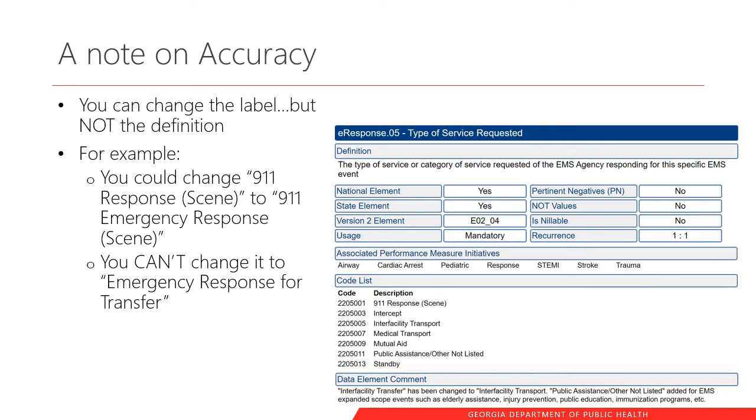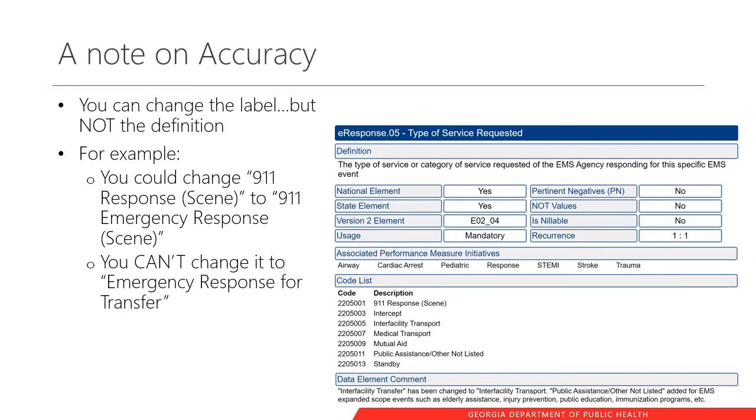So if you would like to enhance that description to make it more likely that your medics will choose the correct button, that's fine. You might change that button to say 911 emergency response to scene or some other kind of variation. The thing you can't do is change the meaning. You can change the label, but do not change the definition of that element and that value.